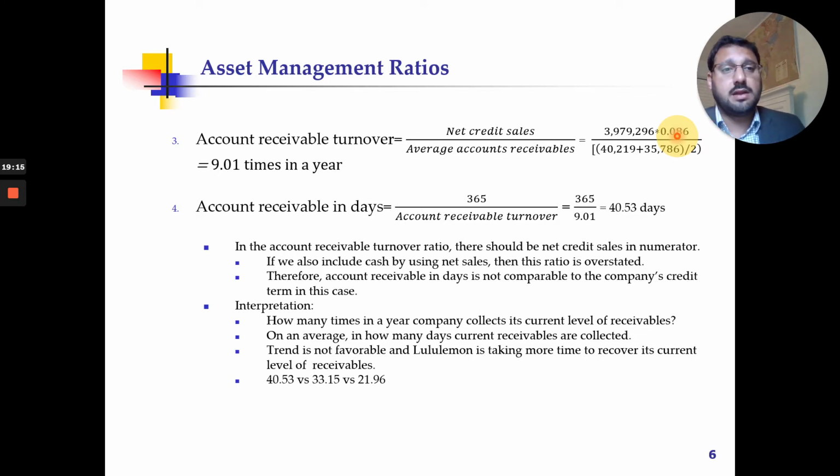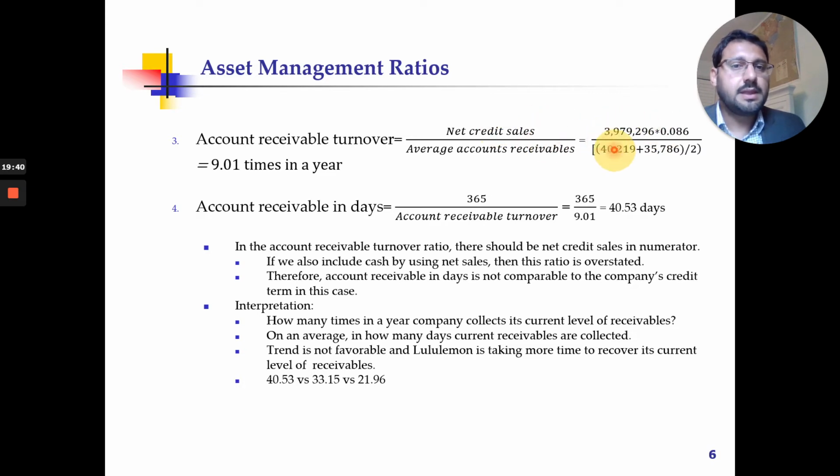And Lululemon has also mentioned in their 10-Ks that usually their credit sales are only to the other segment, meaning when they are selling to big companies or warehouses.